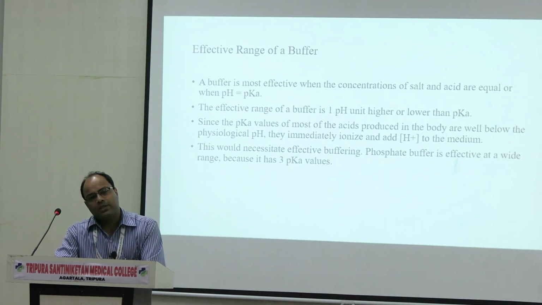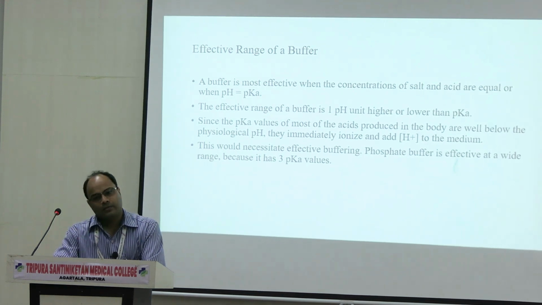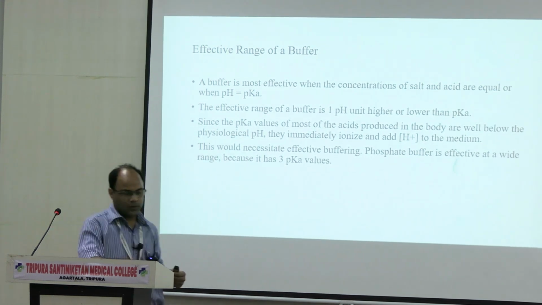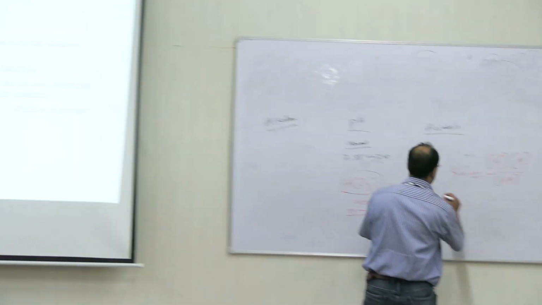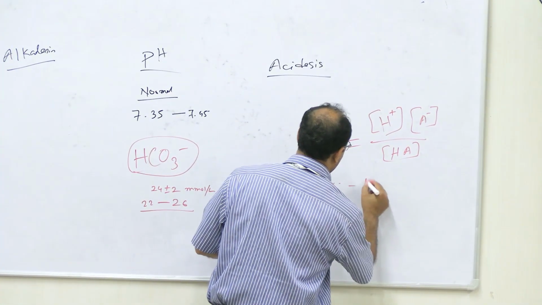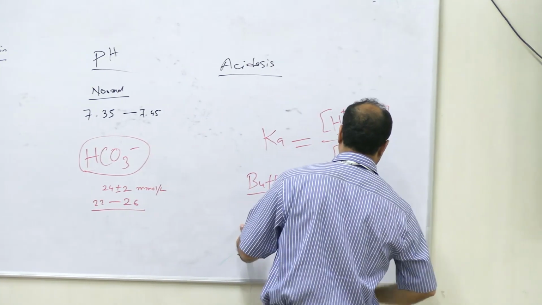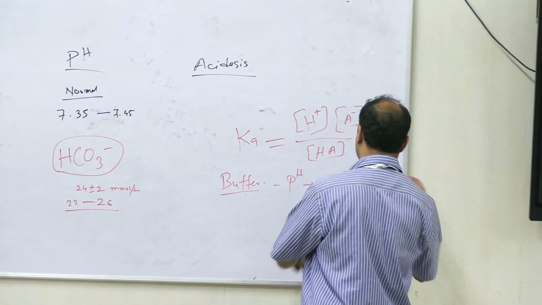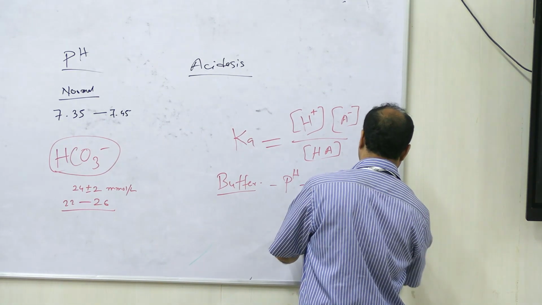So the effective range should be less than 8 and more than 6. Understand? For example, I give a buffer with pH 7.0. So the buffering capacity is best in the range around 6.0 to 8.0.